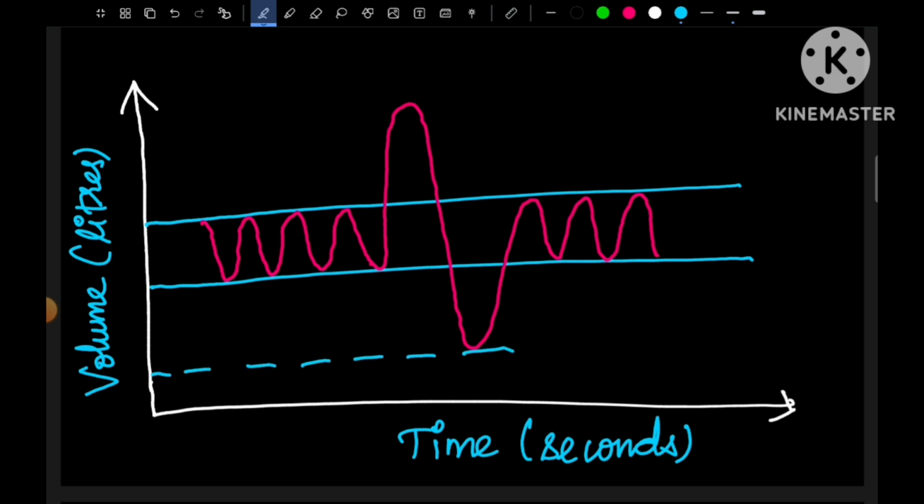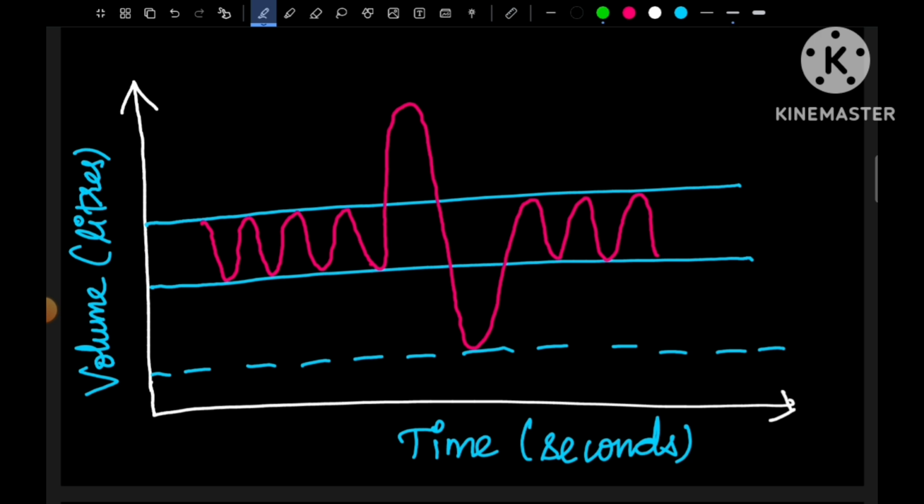Okay, there should be some space. That's all guys. So you can easily remember this flow volume, the spirometry graphs. Flow volume loops are different, but similar, except the x-axis and y-axis will be interchanged. Okay, let's see that.